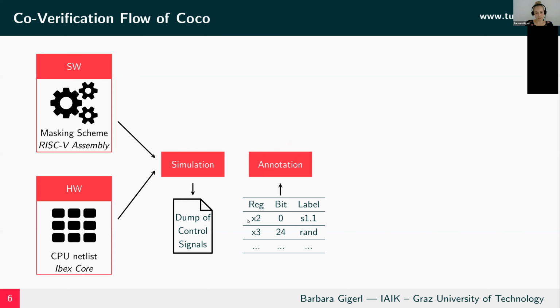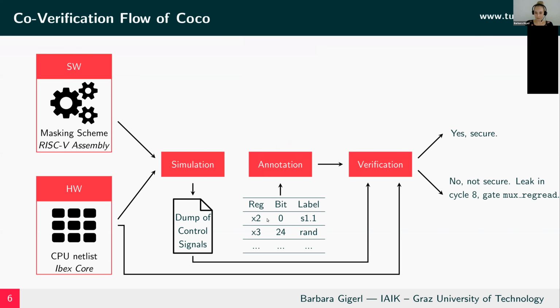So in which registers is the first share, for example. And this is done on bit level. Of course, we cannot only annotate registers, but also memory locations. And these two things are then given to the verifier. The verifier will run the verification for a few cycles and then output, yes, the execution is secure, or no, it's not secure, and there's a leak in cycle 8 at a specific gate.